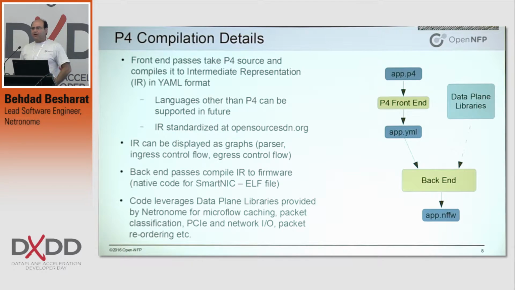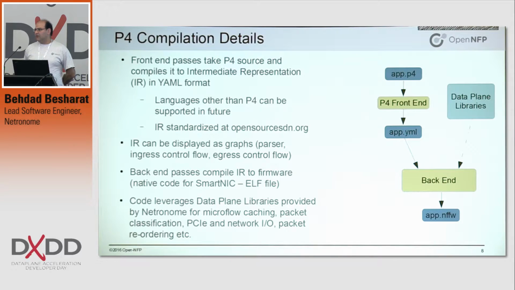The P4 compiler that comes with Program Studio contains two parts, the front end and the back end. The front end takes your P4 file, which has a .p4 extension, and creates the intermediate representation of the P4, or IR.